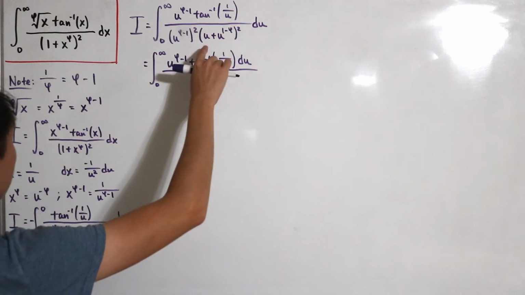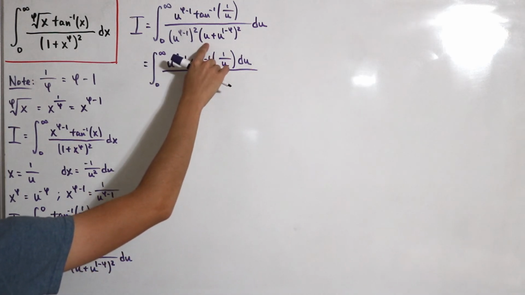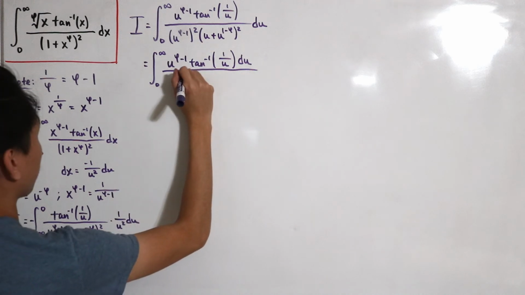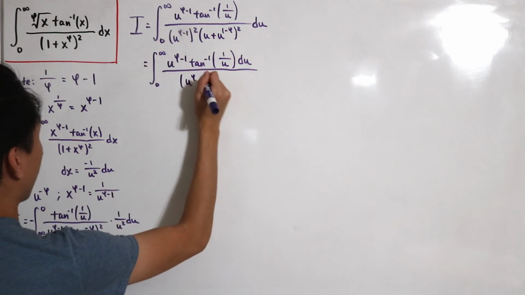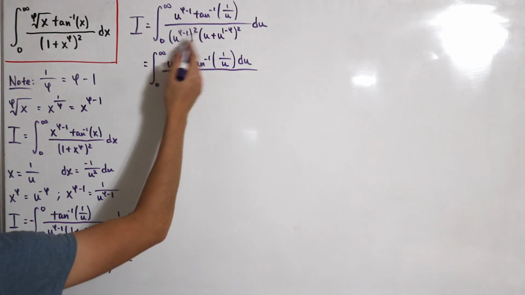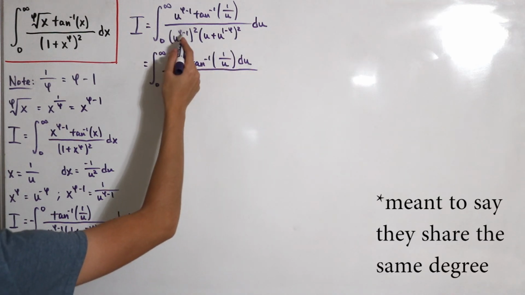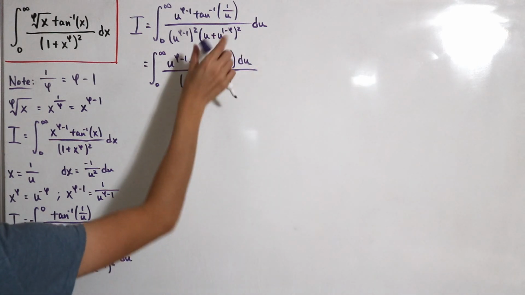If we do some distributing, I distribute this into this term, so the negative 1 will just cancel and we're left with u to the power 5. Let's see what happens over here. They share the same base, so it's basically just u to the 5 minus 1, and then add this with 1 minus 5.